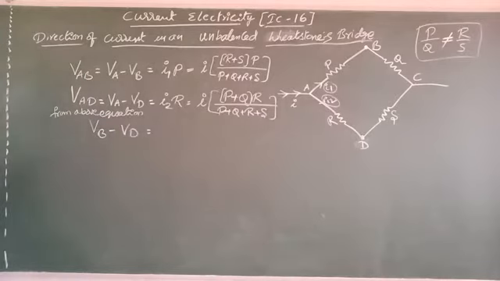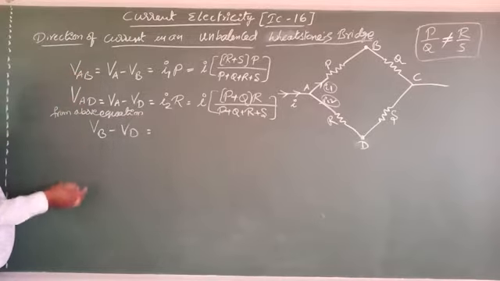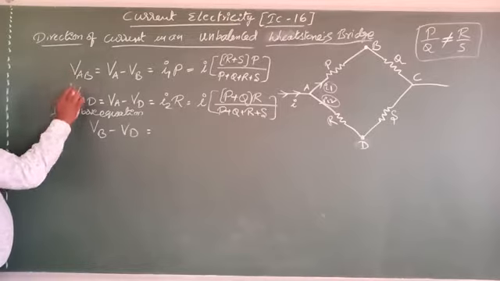Then VA will get cancelled. You multiply with minus and add both.